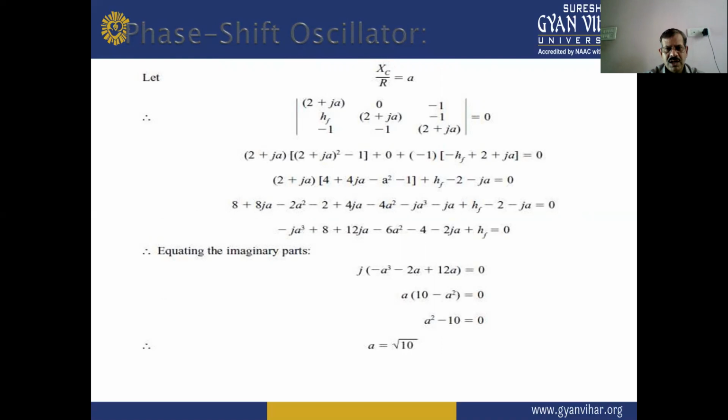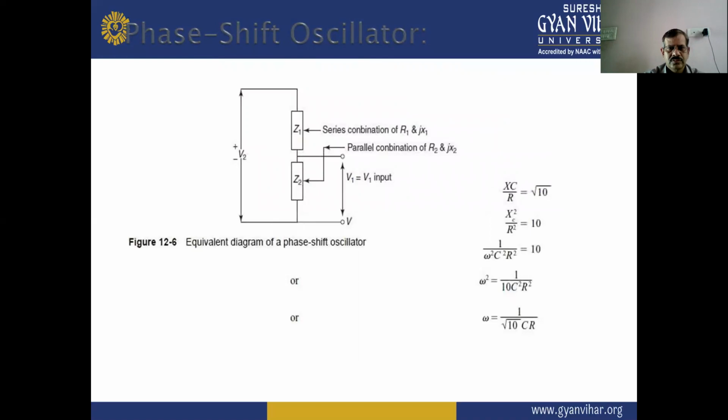So we have A equal to under root 10. So Xc upon R equals under root 10, Xc square upon R square equals 10, 1 upon omega square C square R square equals 10, and omega square equals 1 upon 10 C square R square.